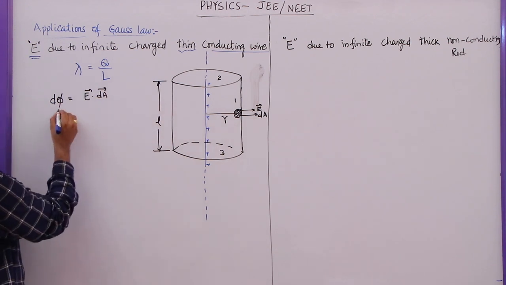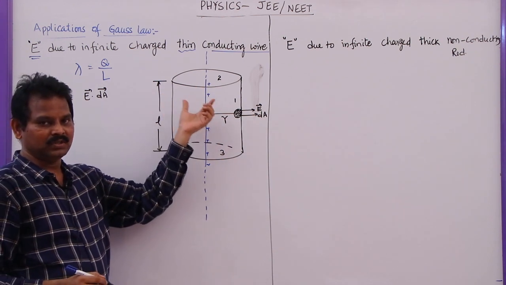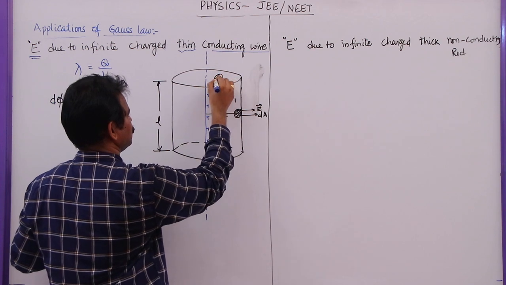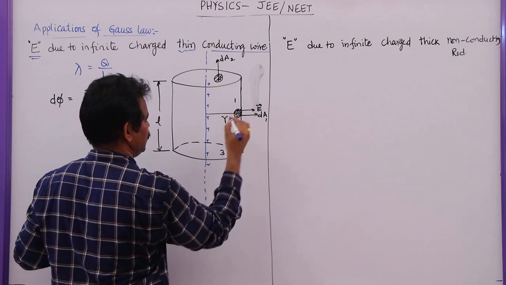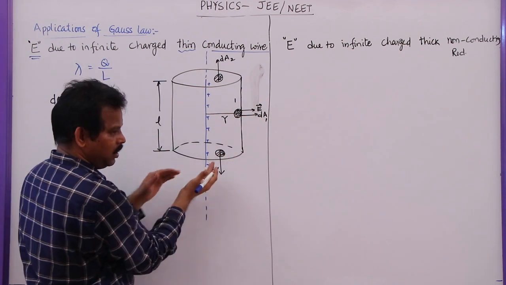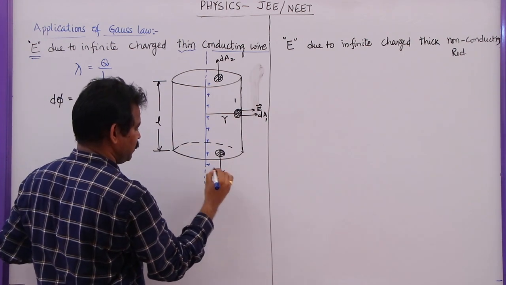Here we need to consider three different Gaussian surfaces. Let me take this as dA1, this is dA2, and for the third surface, let me take a small elemental area, which is always the outward normal, so this is dA3.